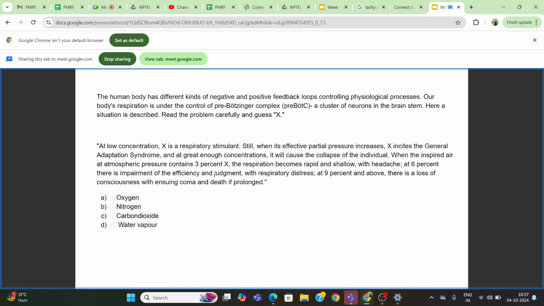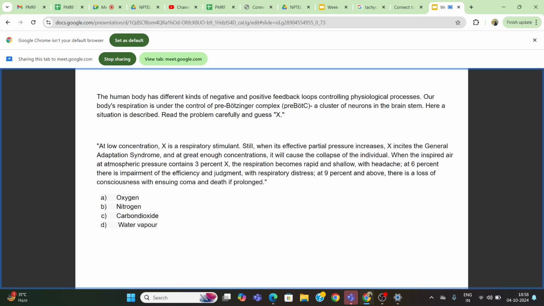So the situation is this: at low concentration, X is a respiratory stimulant. But when its partial pressure increases, it is depressant, and at a great enough concentration, it will cause the collapse of the individual. When the inspired air at atmospheric pressure contains 3% X, the respiration becomes rapid and shallow, with headache.